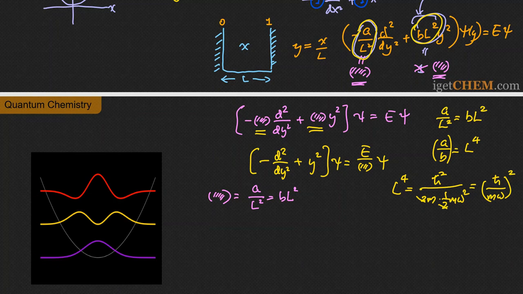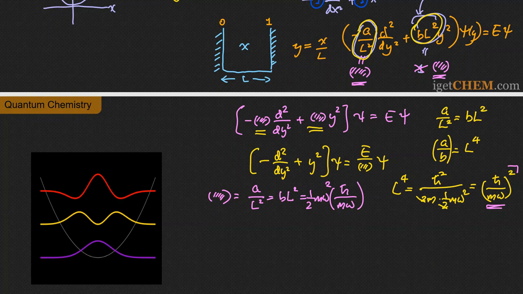And so when you do that, let's choose B L squared because that's a little easier to do. You see L squared is just one factor of this instead of the square of this. So let me write that down. L squared is h bar over m omega. And now B, as we have said, is 1/2 m omega squared.